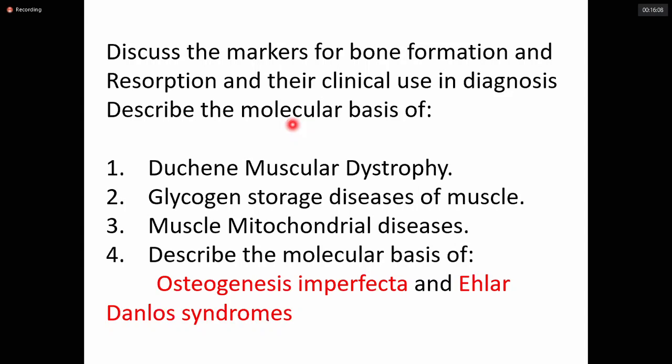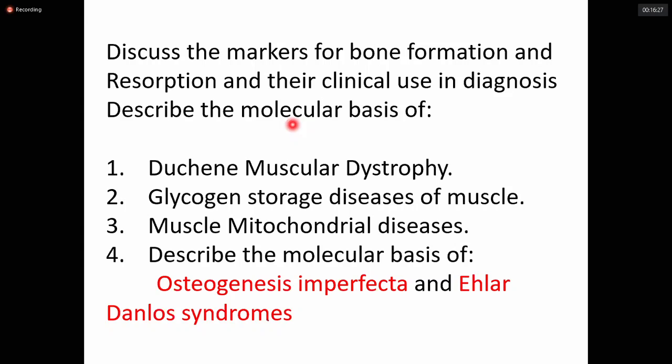So the things that we are going to talk about as disorders that can be investigated by certain markers through the blood samples: Duchenne muscular dystrophy, for example, which in fact can be diagnosed by clinical assessment from the phenotype.